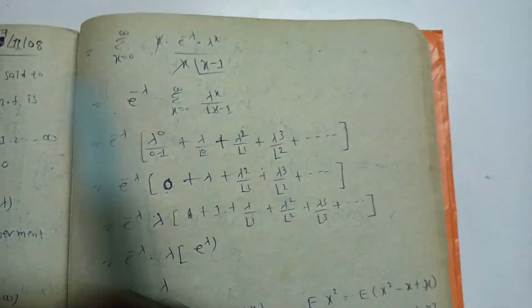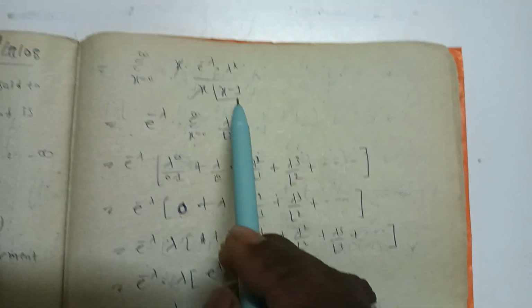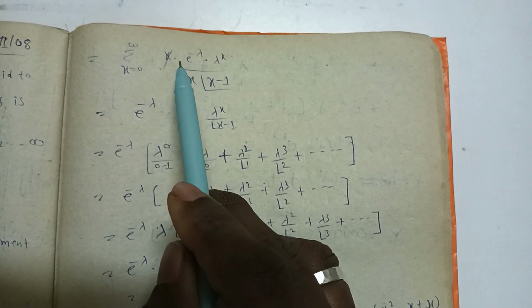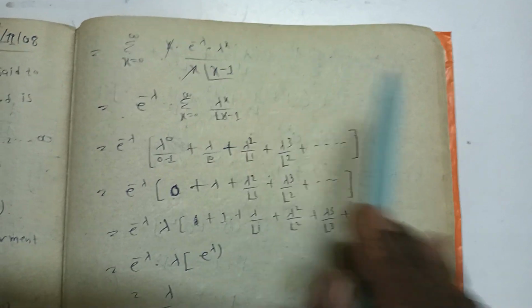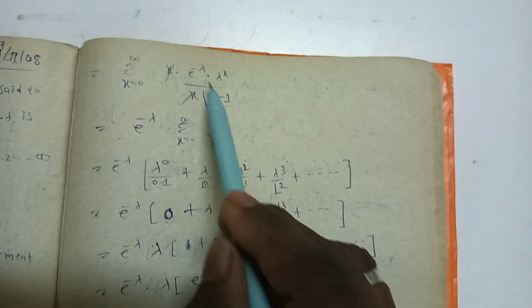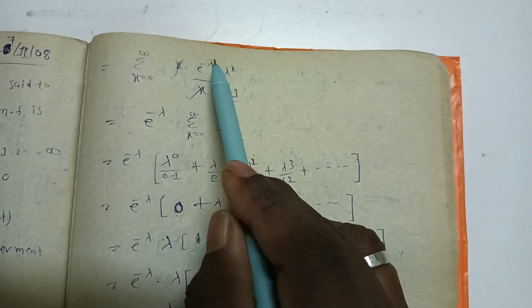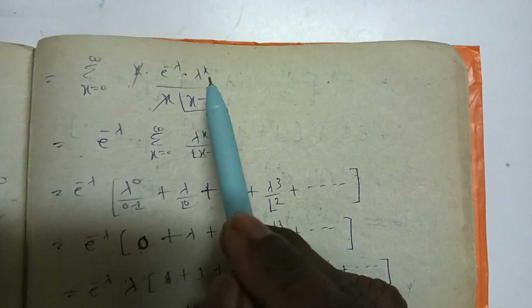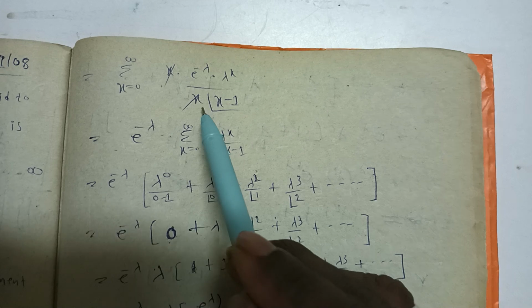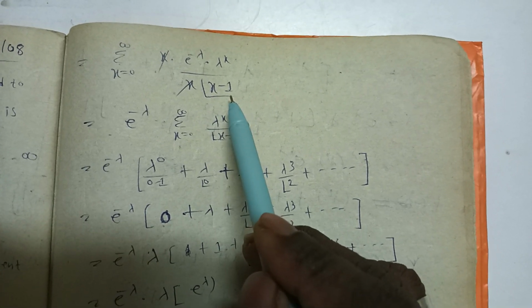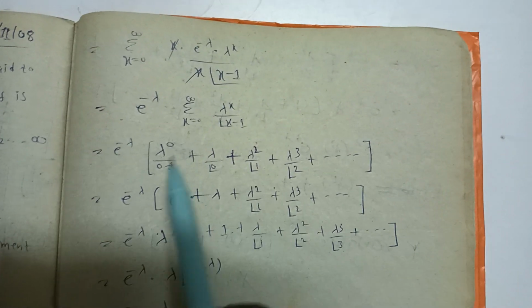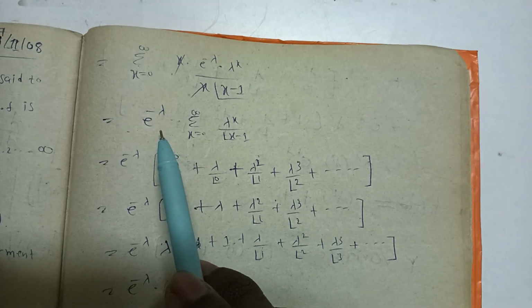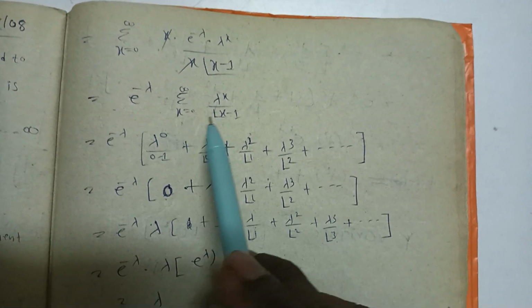If you simplify that, this can be written as x into e to the power of minus lambda, lambda to the power of x divided by x into (x minus 1) factorial. So x gets cancelled and e to the power of minus lambda is a constant, put outside.